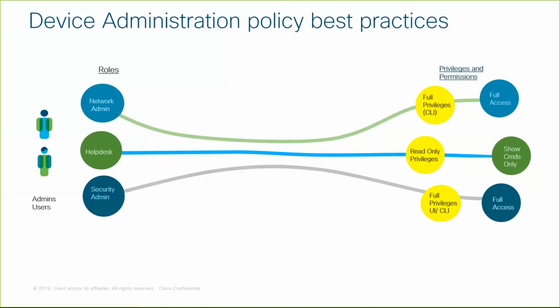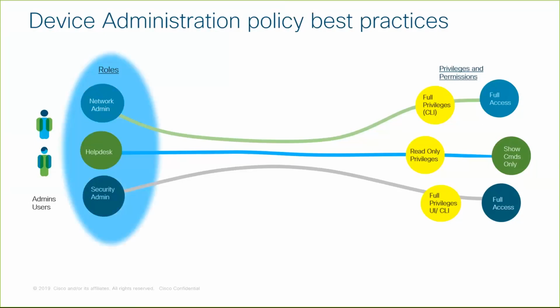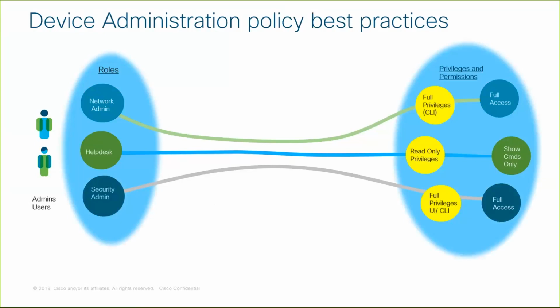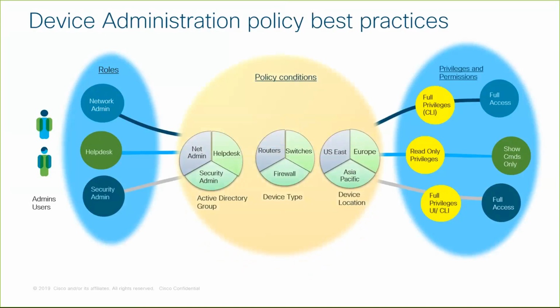Once you come up with this little table, then you can add the conditions and criteria based on what ISE supports, right? And then you can add policy conditions. Say, first you want to check if the network admin is part of the network admin Active Directory group, right?